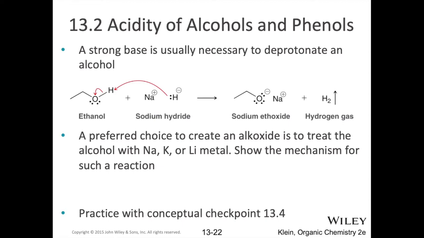As long as you have a base that's strong enough, it's easy enough to pluck off that proton and make the corresponding alkoxide ion. For example, here ethanol will react with sodium hydride, which is a strong enough base. The hydride will pluck off that proton and leave as hydrogen gas, and you'll correspondingly make sodium ethoxide, which is the deprotonated version of your ethanol.